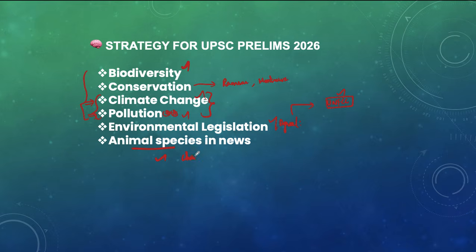UPSC in recent times is majorly focusing on the characteristics of animal species. So you need to give maximum attention to the conventional animal species as well as the species coming in the newspaper. For both of these you need good notes and should try to revise them. If you could read all these topics effectively, you can easily crack the 10 to 15 questions which can be expected for the coming year in the preliminary examination, students.